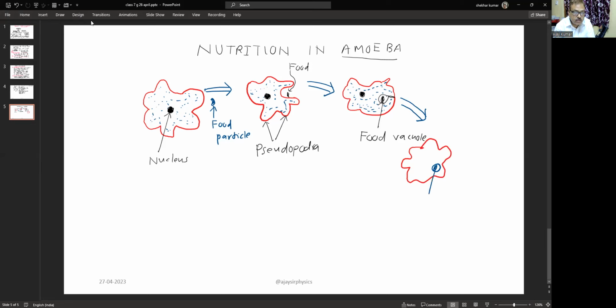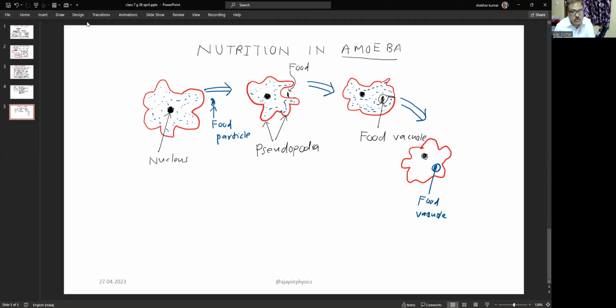And we see here in the same way food vacuoles, and the nucleus is also there. You can show the nucleus.